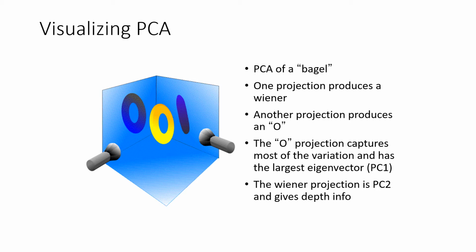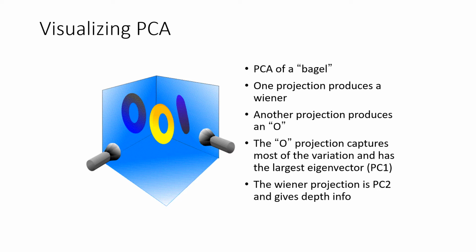Now that sausage shape tells us a little bit about the depth or thickness of the bagel, but it's the O projection that actually tells us more about what it is. If we only had the O projection, we could probably guess it's a donut or a bagel. If we had the sausage projection, we might think that it's a sausage, where in fact it's a bagel.